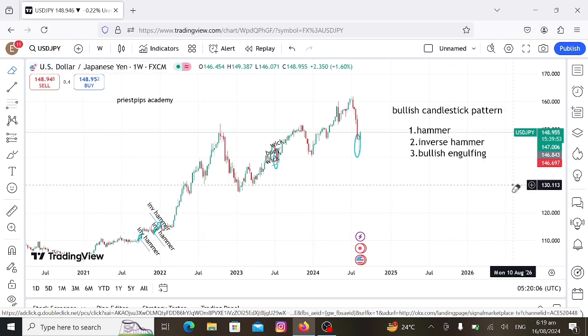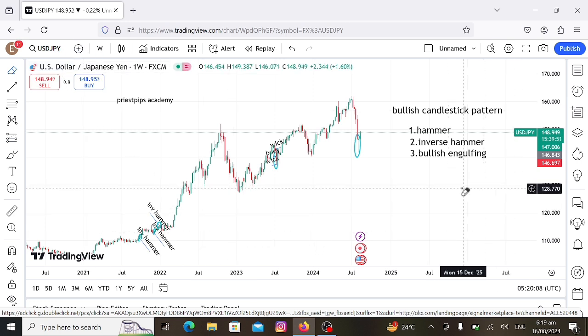Alright. So the bullish engulfing pattern is formed of two candlesticks. The first candle is a short red body that is completely engulfed by a large green candle. Though the second day opens lower than the first candle.